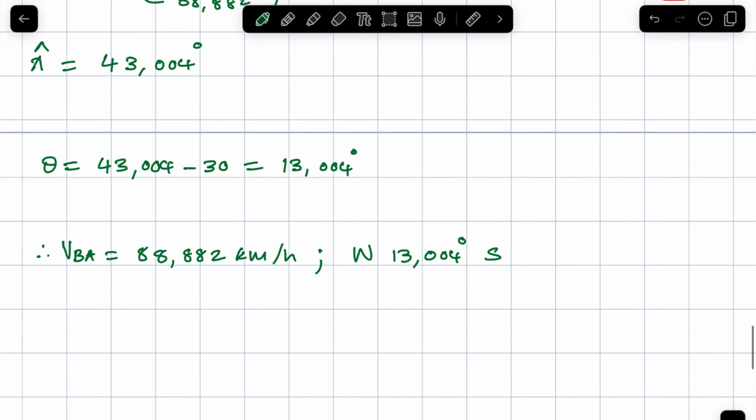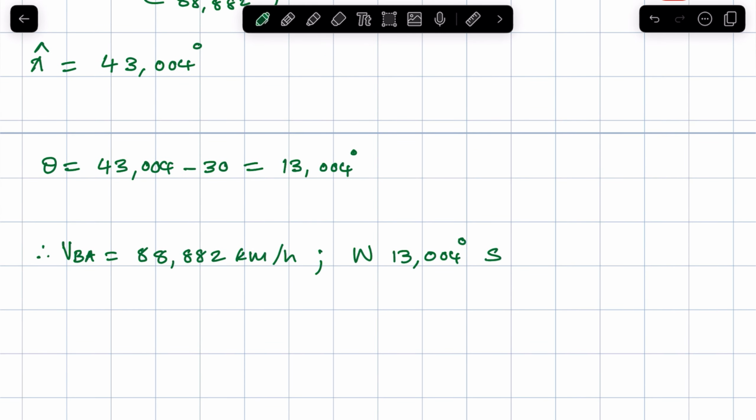So if we're using the x-axis or west as our reference, then our velocity of B relative to A is 88.882 kilometers per hour, west 13.004 degrees south. And that's the approach we would take when using the parallelogram method.